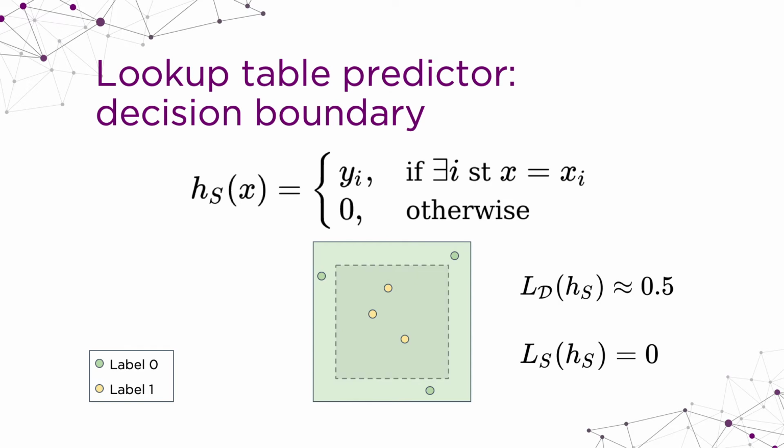So if I look at the errors made by the model, all the surface associated with label 1 here is assigned by the model to label 0, so I have 0.5 errors. And I already have a huge gap between the two. I have an example where a model that is optimal on the empirical risk is not optimal at all for the real risk.